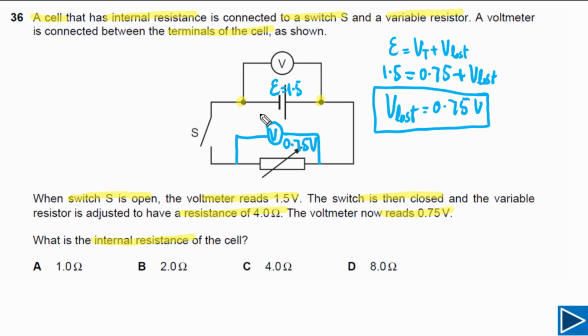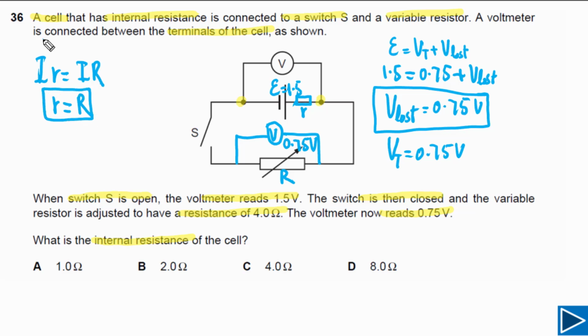The terminal potential difference, the potential difference across this resistor or across the terminals of the power supply, is also equal to 0.75 volts. As these two potential differences are the same, and the current passing through the internal resistance and the external resistor is the same, we can write Ir equals I times capital R. So small r is equal to capital R, because V lost is equal to VT.